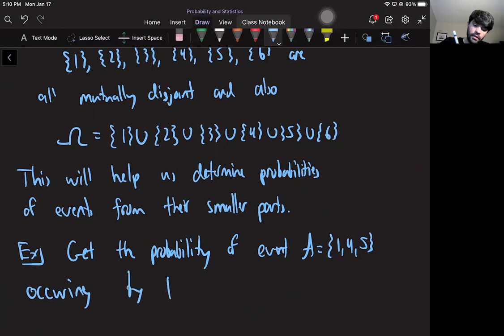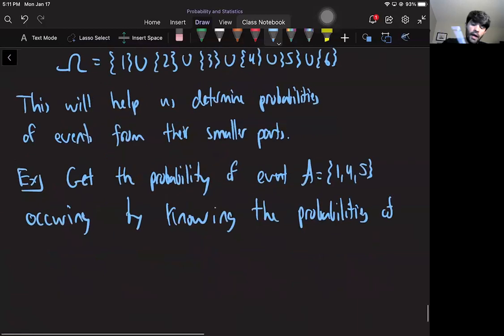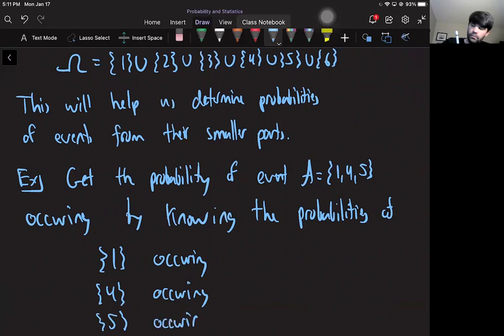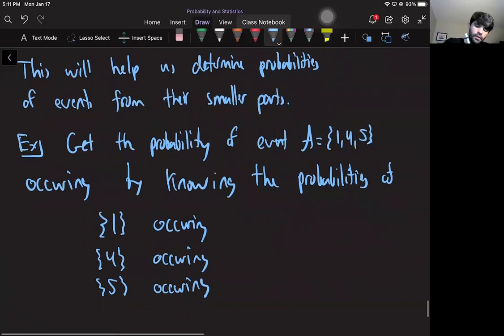And what we can do is know the probabilities of the individual outcomes occurring, this one, or this one, or this one, individually.